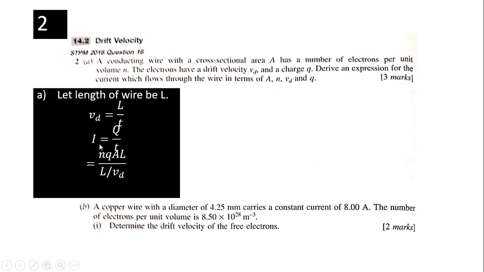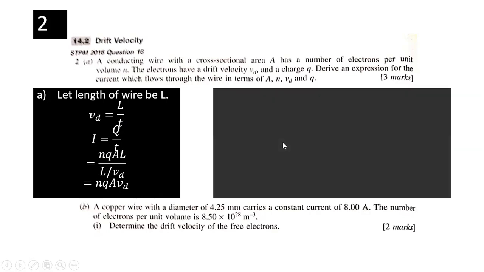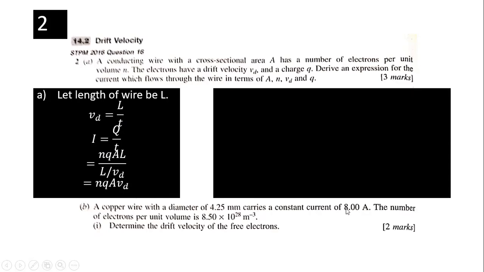Number times charge is total charge. That's your Q. Then t is just length divided by drift velocity. We just take t across there, that's all. Then v_d down, and simplify. L and L will cancel off. v_d will go to the top there. Okay, that's our answer.